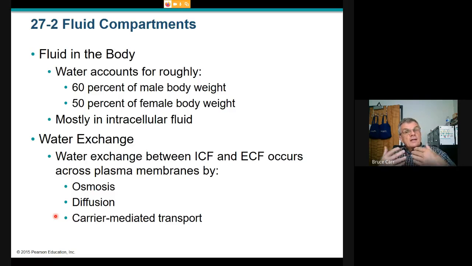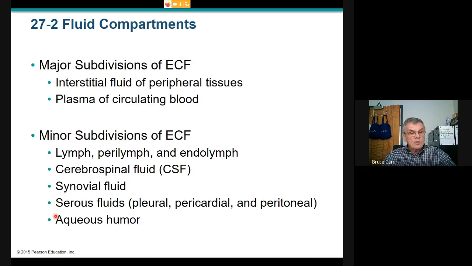Now, the ATP is the energy needed to pump against the concentration gradient. In other words, to overcome diffusion. So those basic processes that we keep returning to, because they explain what's happening between these compartments that we call the extracellular fluid and the intracellular fluid.